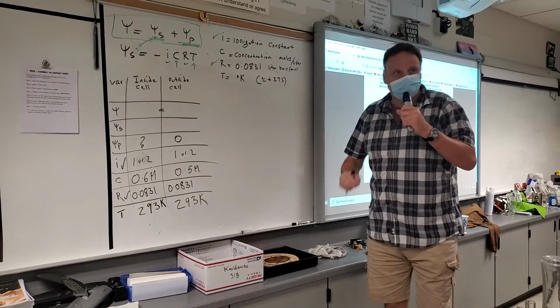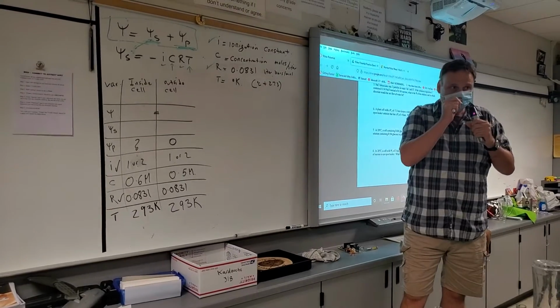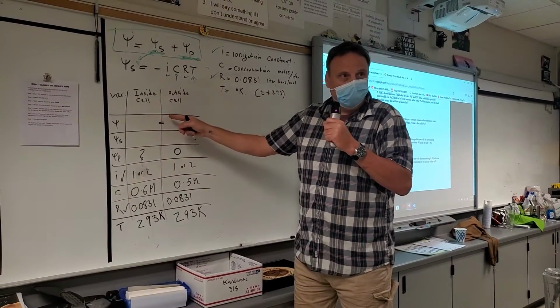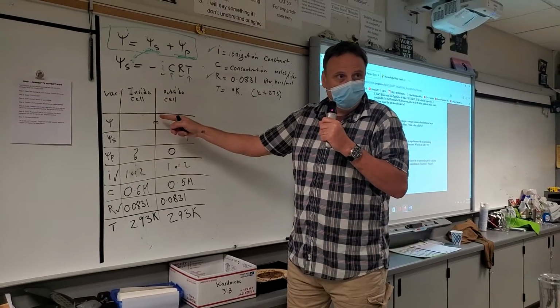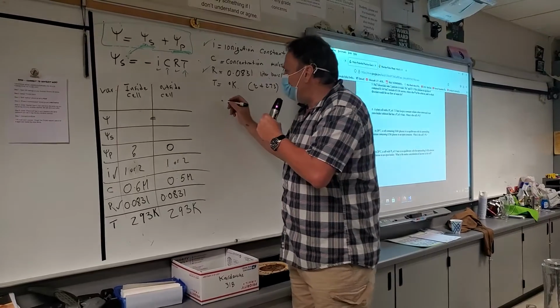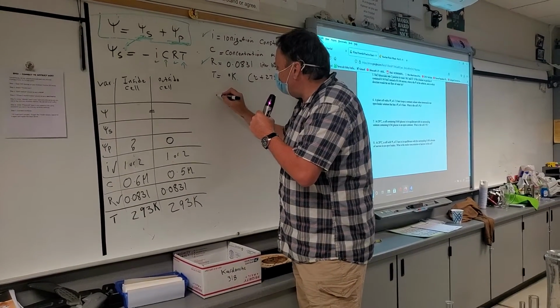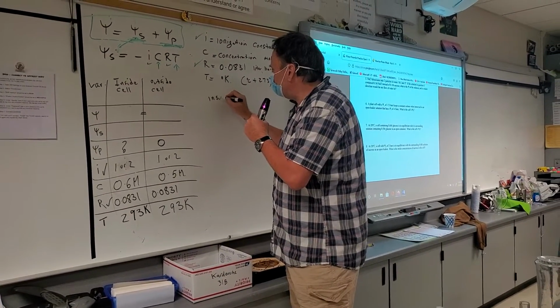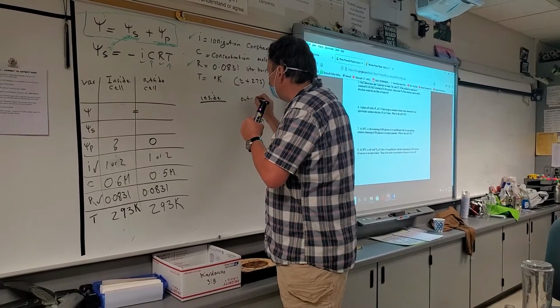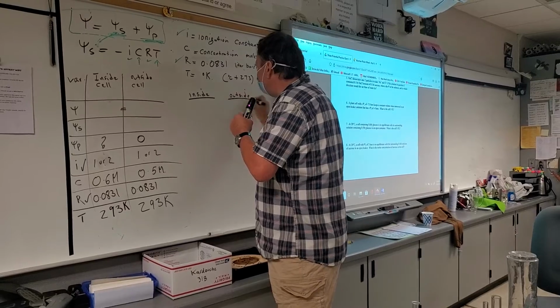So what do I know? I know these two are the same, inside and outside, right? I like doing this inside-outside thing because it stops me from being confused. Here's what I could say.